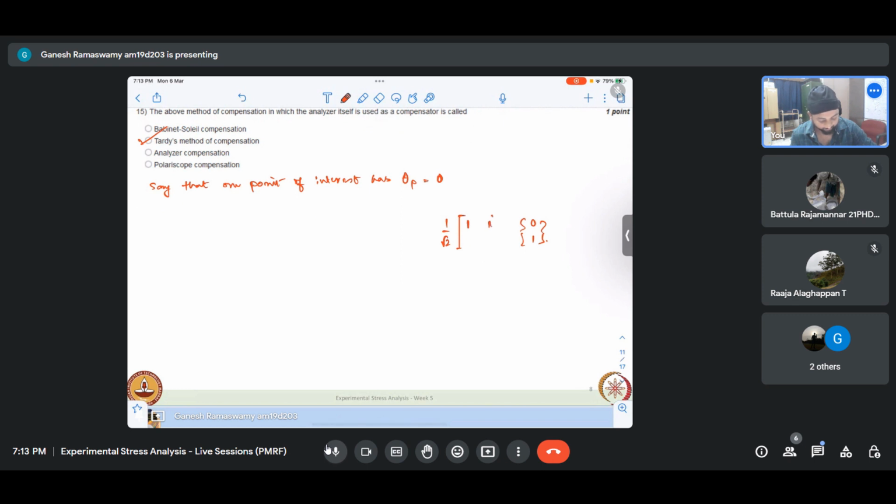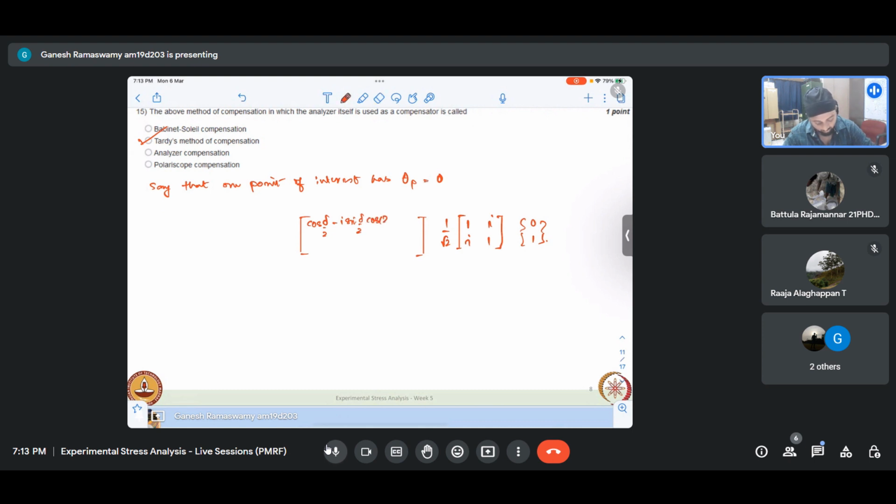Then I have my model. Now what is my this thing? This will be cos delta by 2 minus i sine delta by 2 sine 0, because isoclinic angle I already know. And all these cos 0, I'm sorry, cos 2 into 0, right?